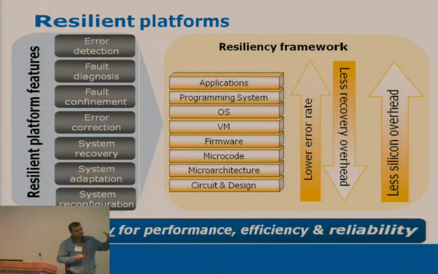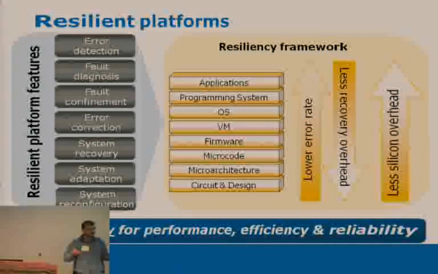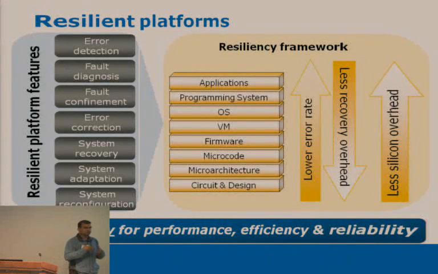So if you implement these mechanisms for error correction and detection at a lower level in this hierarchy, you can respond faster, you can detect errors at a finer granularity, but you have a larger complexity to deal with at a lower level to recover and to correct for the errors.